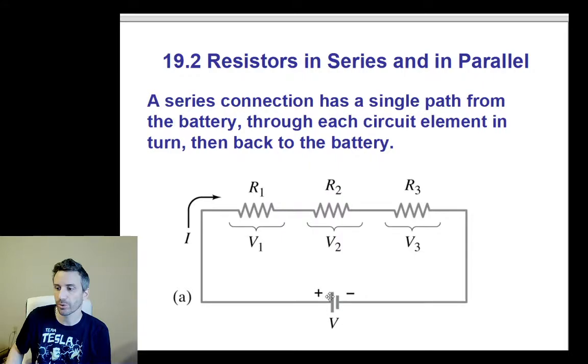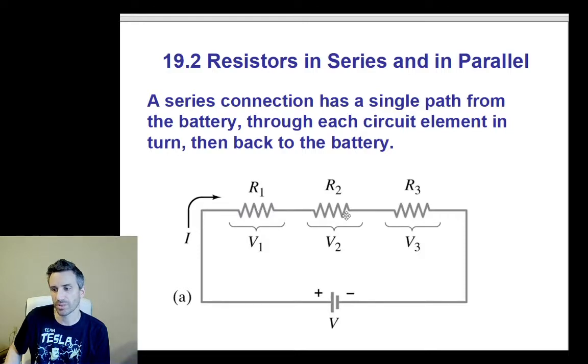Let's say, for example, that this is a 12-volt battery. So the voltage here at this part of this line would be 0. The voltage here would be 12. That's what the battery does. It pumps the voltage from 0 to 12 volts. So we have a voltage of 12, and then there's a voltage drop across the first resistor.